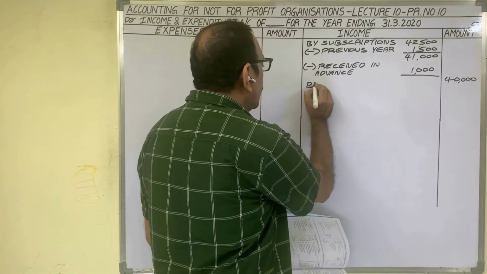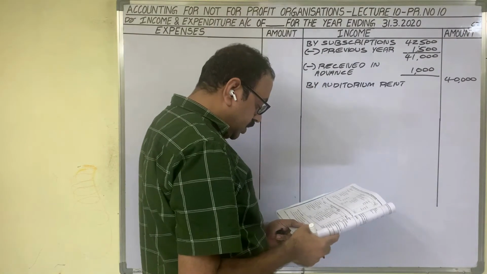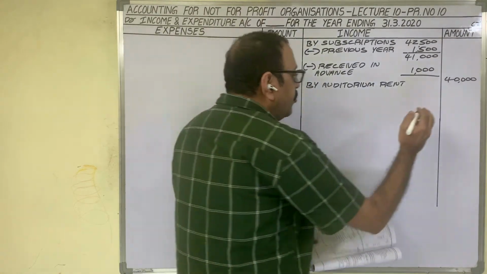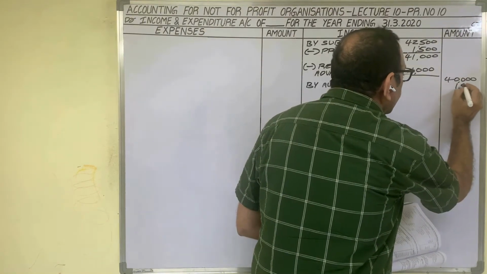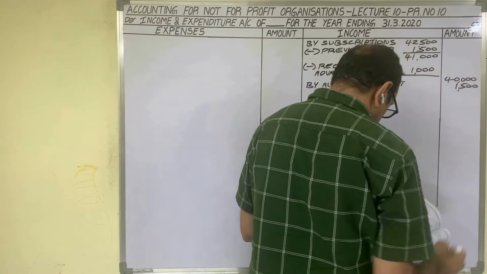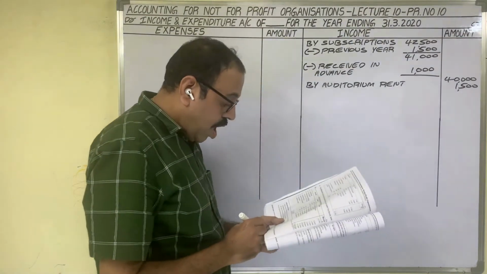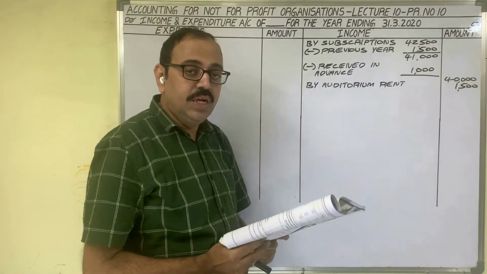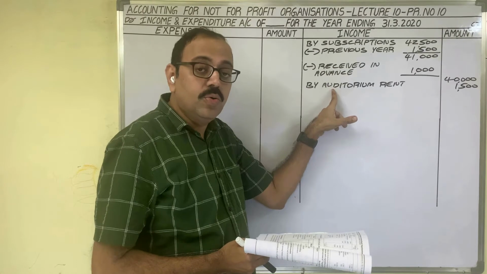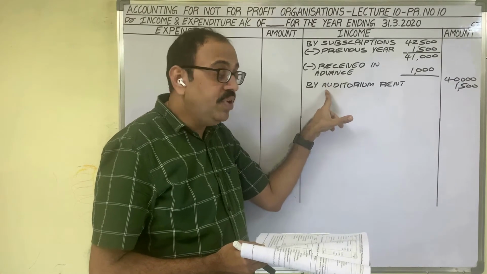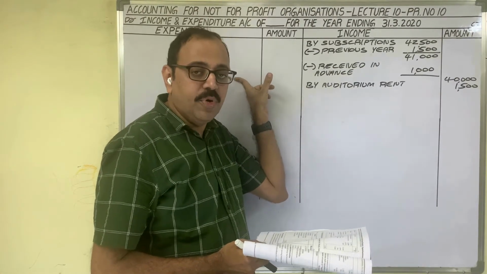By auditorium rent, there is no adjustment. Auditorium rent 1500 in outer column. You may get one doubt. Adjustment number 2, outstanding rent 600. It is related with auditorium rent? No. So this is related with expenditure related rent amount.